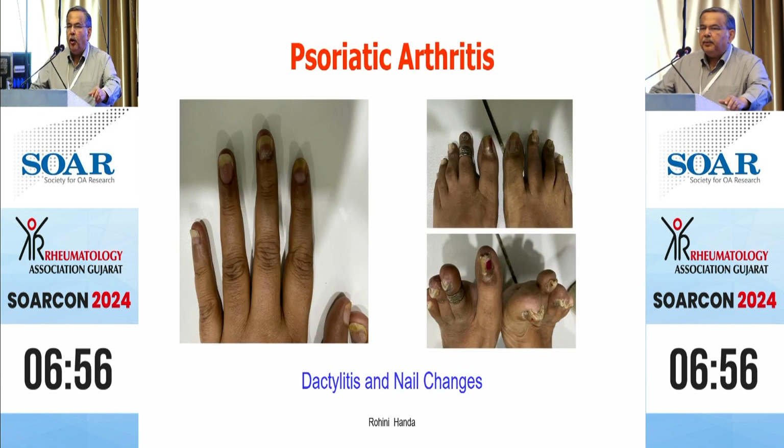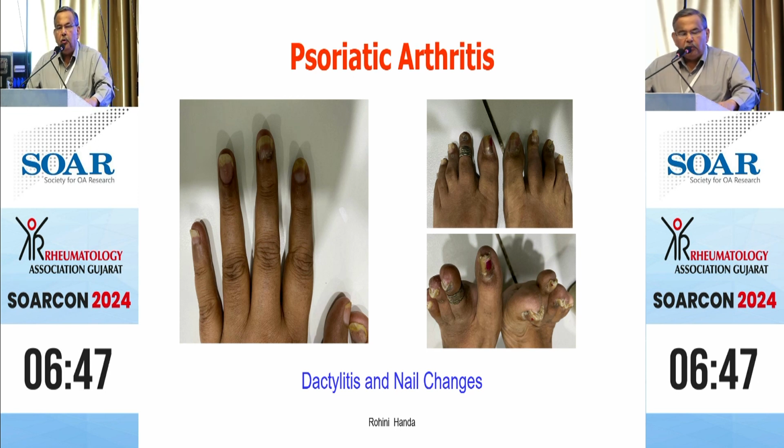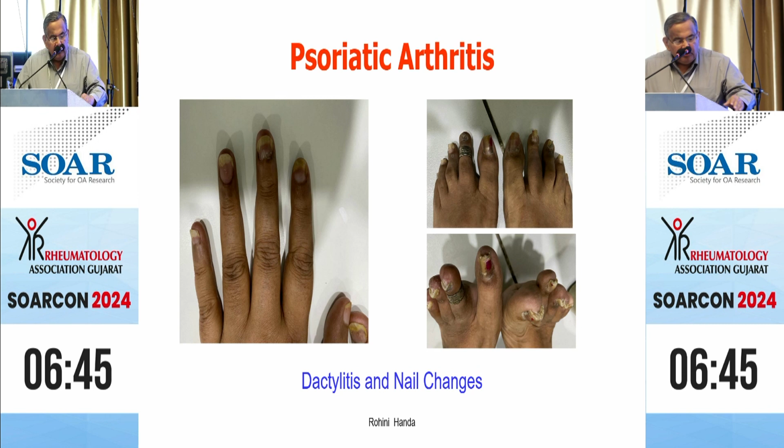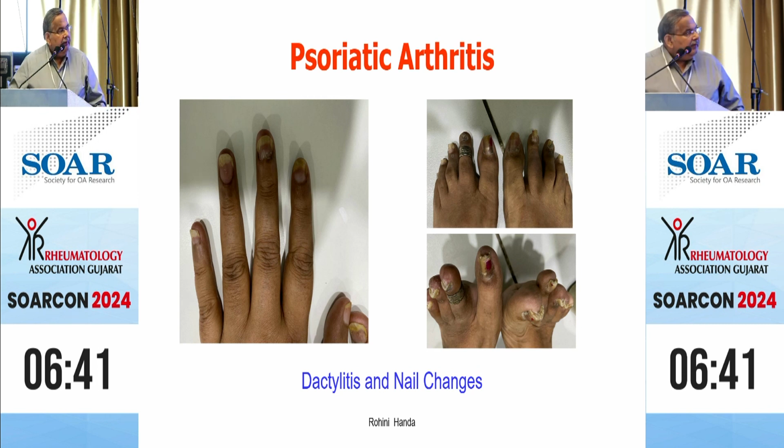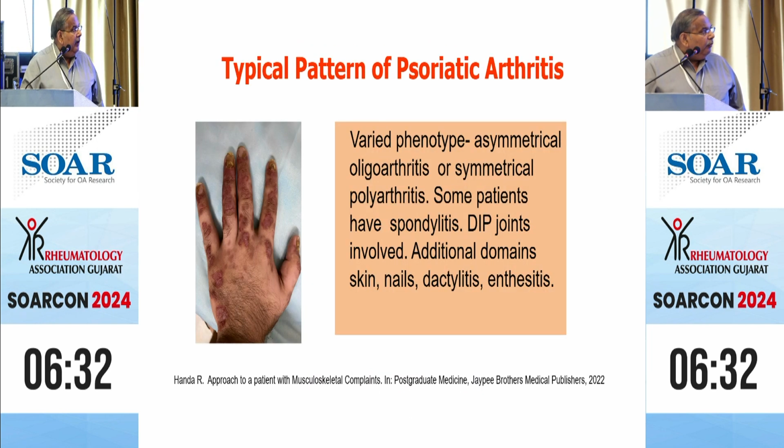So we've talked about causes of hand pain, and we are talking about arthritis that afflict the hand. We've talked about nodular osteoarthritis, osteoarthritis of the thumb, rheumatoid arthritis, and now we talk about psoriatic arthritis. The phenotype of psoriatic arthritis is extremely varied.